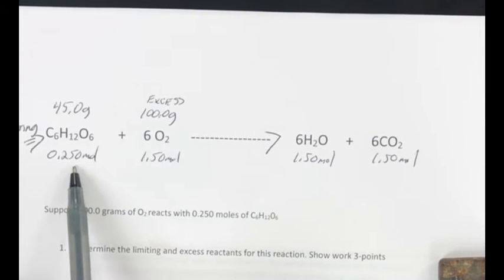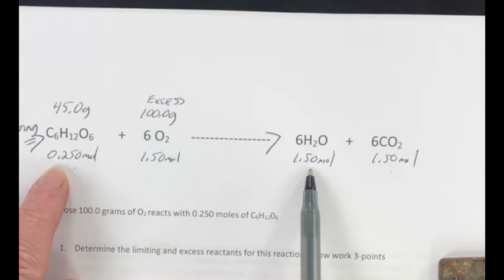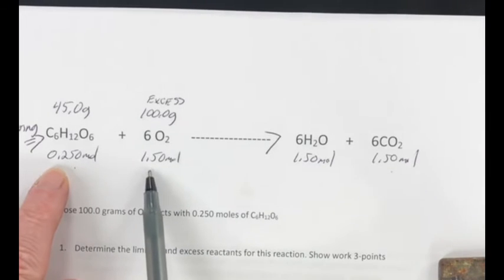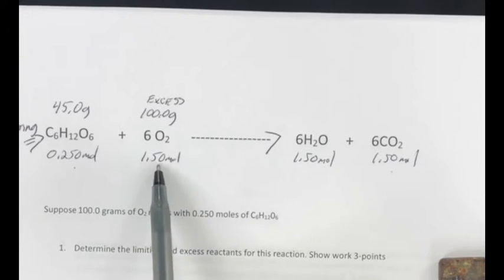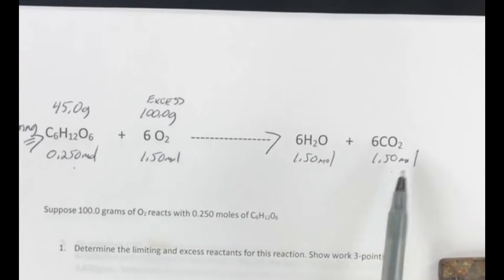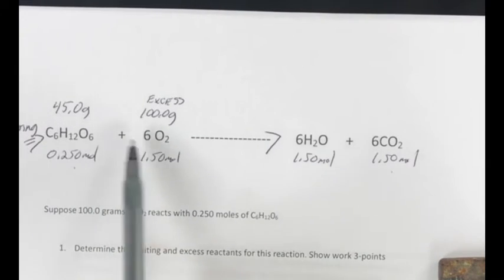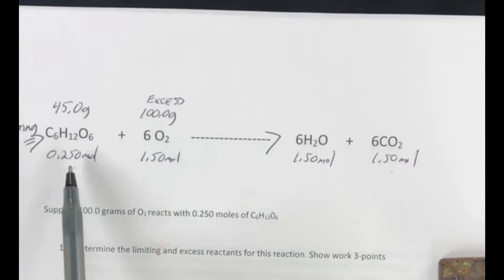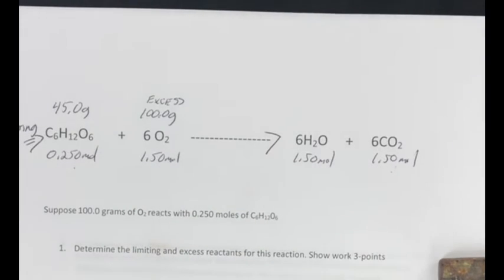Our limiting reactant is going to react and produce this many moles of product, this many moles of water. It's going to react with 1.5 moles, and we were making a point that this ratio of the reactant moles equals the stoichiometric ratio, 1 to 6 to 6 to 6. This is a 1 to 6 to 6 to 6 relationship also.